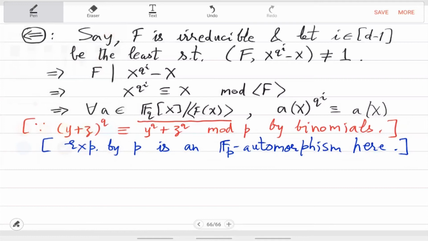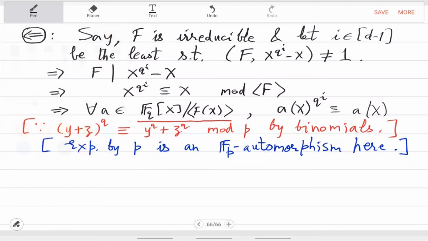Any polynomial can have at most degree many roots in a field. But you can make an even more precise statement. You can actually say that q raised to d minus 1 will divide q raised to I minus 1. You can actually get an equality in terms of exponents.